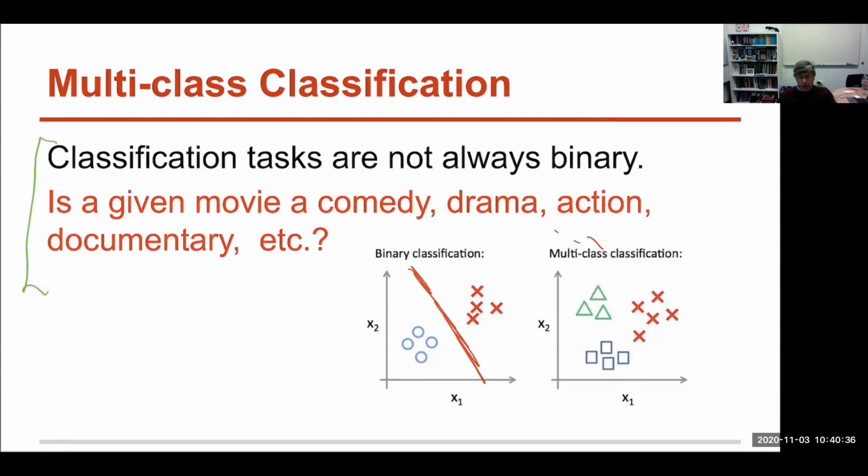In an ideal world, you would be trying to learn maybe a classification boundary like this. The classification boundaries could be more complicated than lines, because you can't necessarily separate in this particular case. There is no single line that separates the classes perfectly.